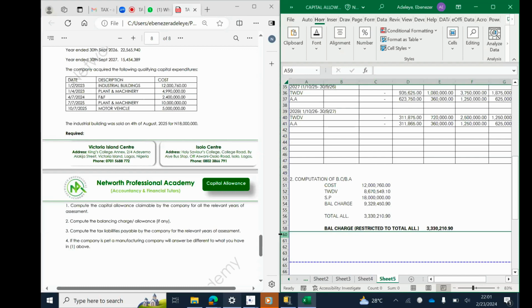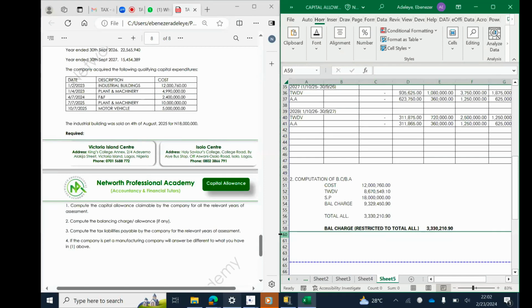That is, the sales proceed was more than the tax written down value. It is a balancing charge. What the law now says is that we check the total allowance that the taxpayer has enjoyed upon that asset since the acquisition of the asset. Then restrict the balancing charge to this total allowance.